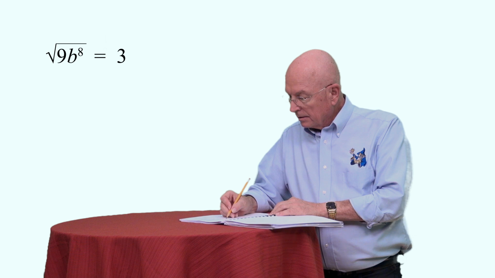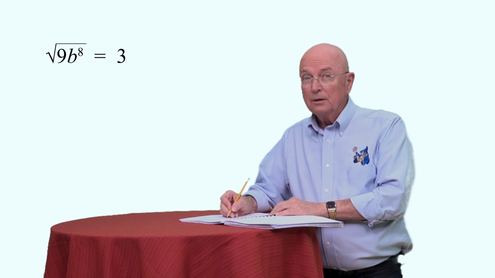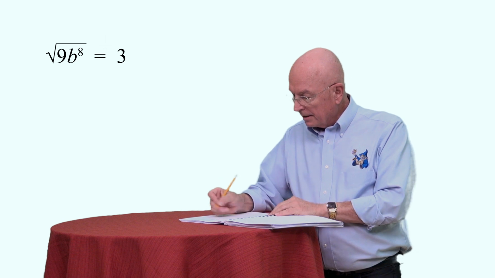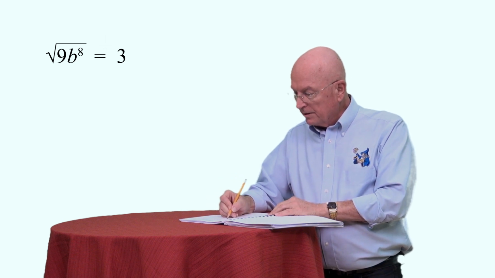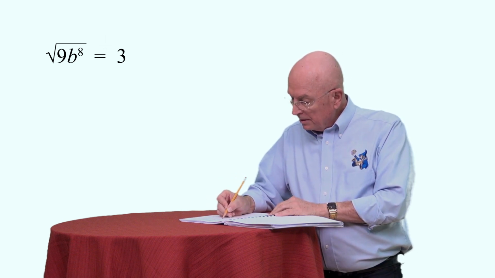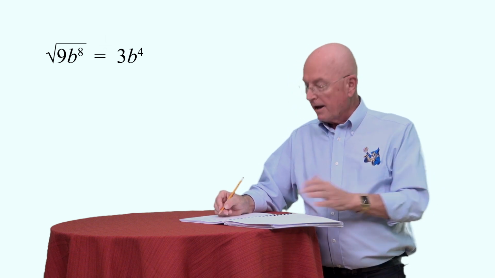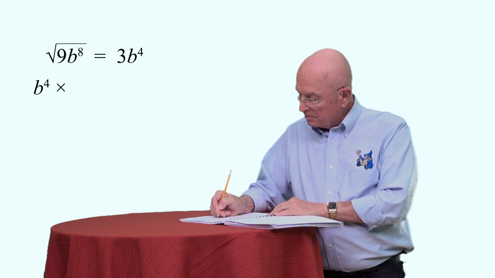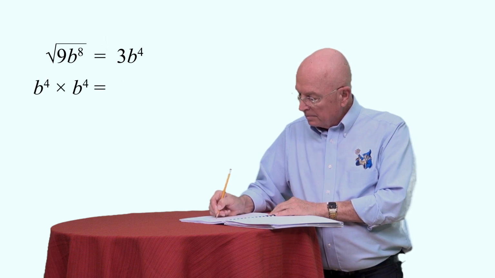Is it b to the 8th power? No, it's not. The square root of b to the 8th power would be b to the 4th power. You just need to cut it in half and see why. Because isn't b to the 4th times b to the 4th going to be b to the 8th?